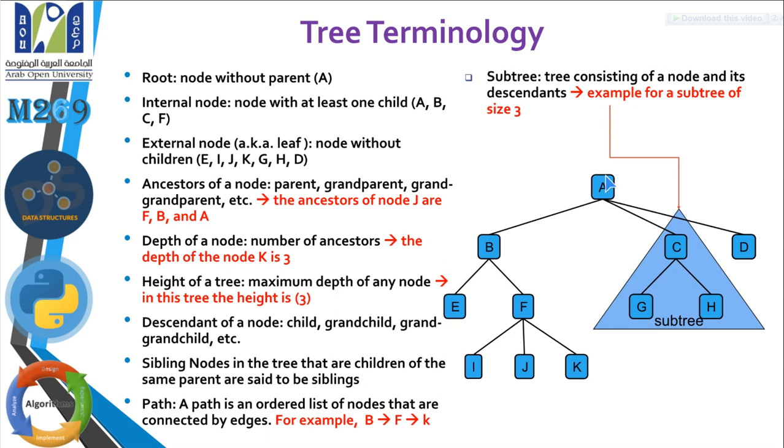So for example, when you write here, let's write, okay, here we can have one example, BFK. So here, when you write BFK, it means you are specifying the path from B to K. Clear?